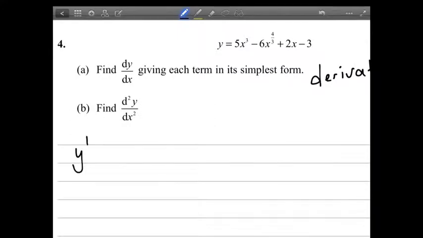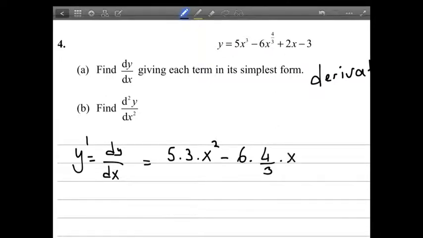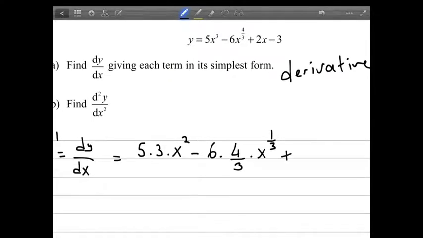It asks for y prime, which can be written like this: 5 times 3 times x to the power 2 minus 6 times 4 over 3 times x to the power of 1 over 3 plus 2 x to the power 0.